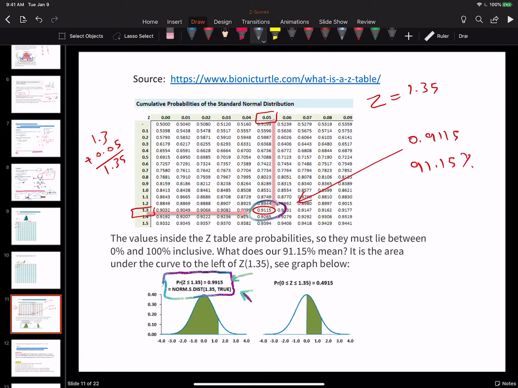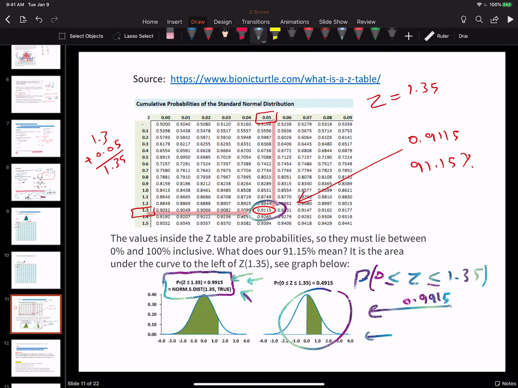If somebody says, what's the percent between z equals 0 and 1.35? Z is greater than or equal to 0, less than or equal to 1.35. P means percent. Well, from 1.35 down, as they are claiming right here, it's 0.9915 if I keep it as a decimal.